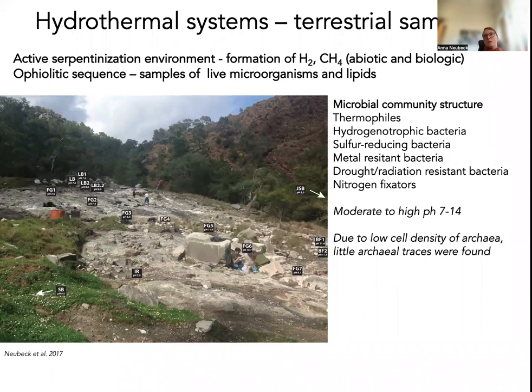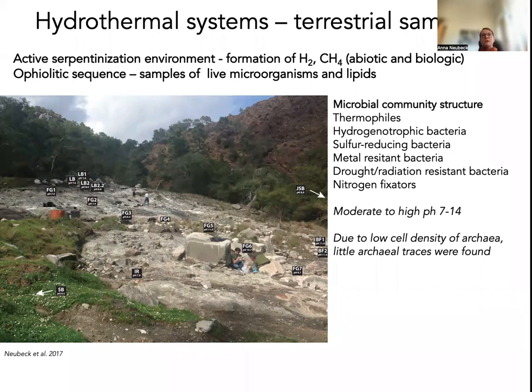So we went there to both take active living samples to look at the microbial community structure, but we also took samples of the rocks to look at the fossilized evidence of microbial communities within the rocks.